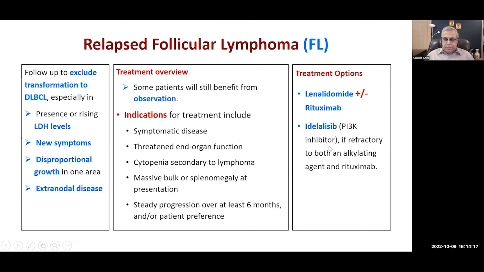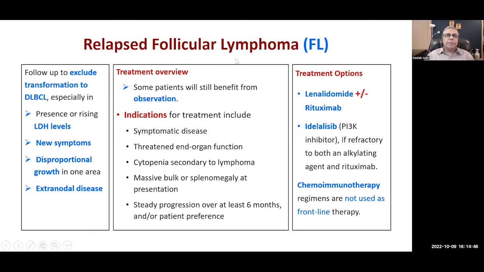This is something related to cell biology. We'll not go into details. So we give this one if the lymphoma is refractory, which means not responding to an alkylating agent like cyclophosphamide and rituximab, okay? So chemoimmunotherapy regimens are not used as frontline therapy in relapsed follicular lymphoma, okay?